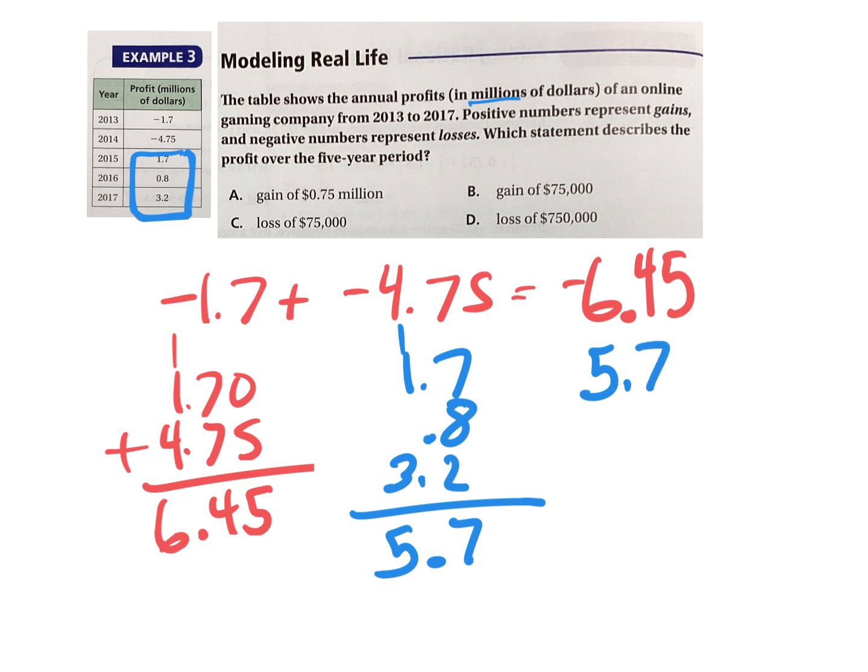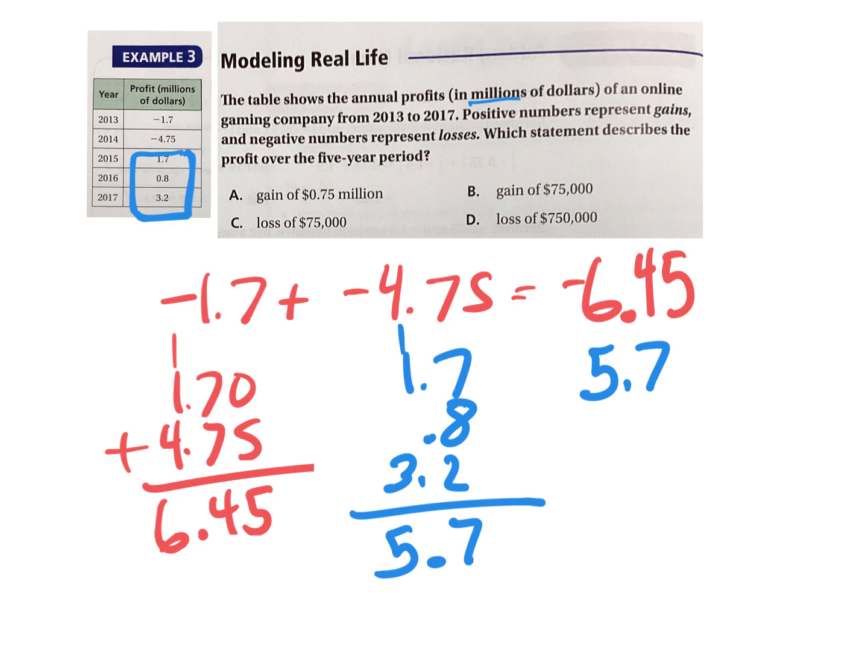So I lost 6.45 million in 2 of the years, and in 3 of the years, I gained 5.7 million. And when I put those 2 together, it'll tell me which one of these, A, B, C, or D, is correct.